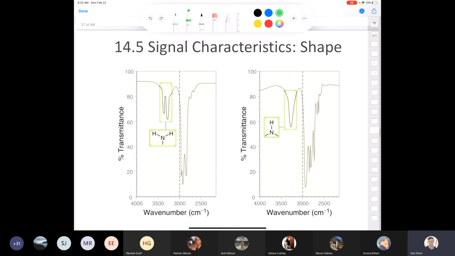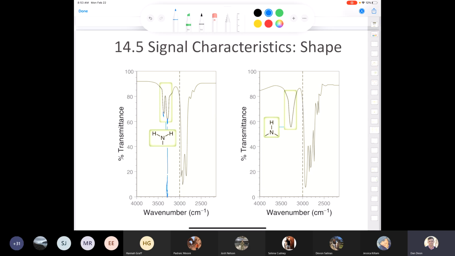All right, so here's how you would distinguish between a primary and a secondary amine. You look at the primary amine, you have two stretches. They're not as strong as oxygen-hydrogen bonds. Why? Because the dipole isn't as strong, but you have two absorbances, maybe around 3350 and 3450, something like that, because my line isn't perfectly straight.